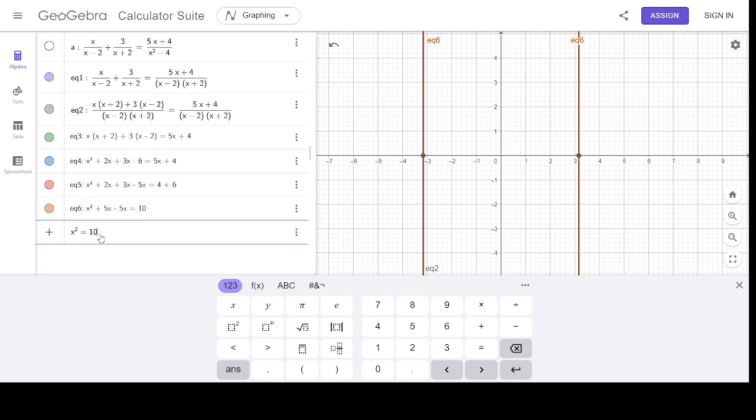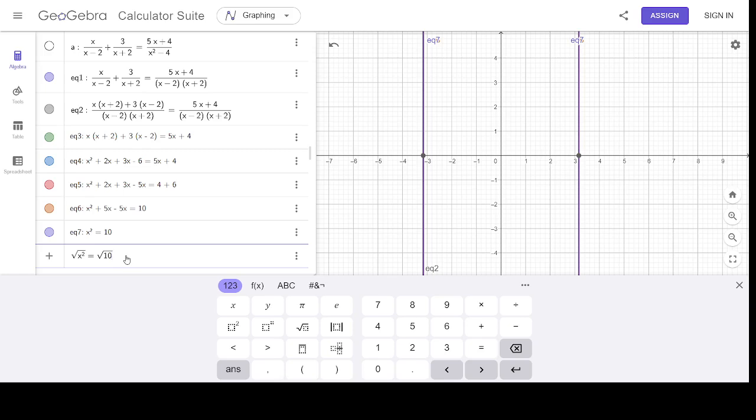So our answer basically is, we'll find the square roots on both sides of the equation. So it's just a matter of writing x squared is equal to 10.